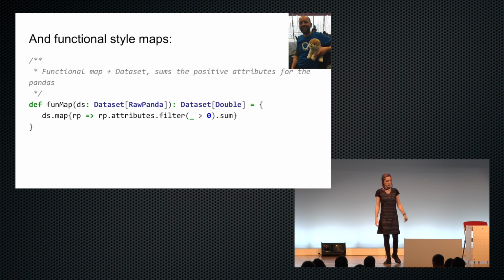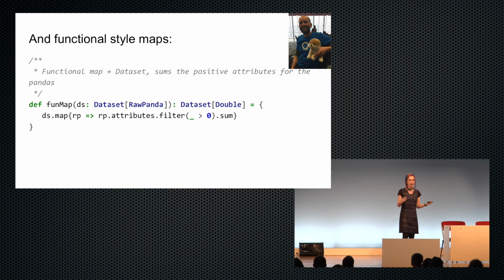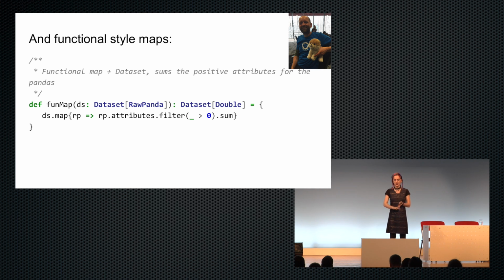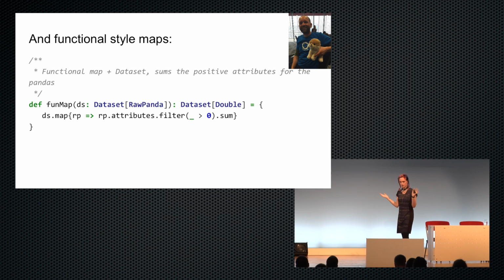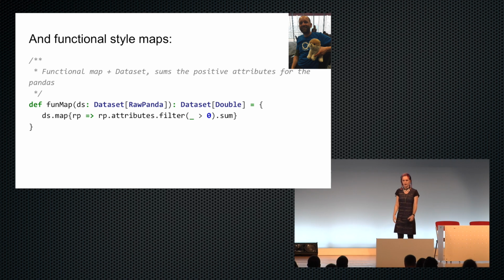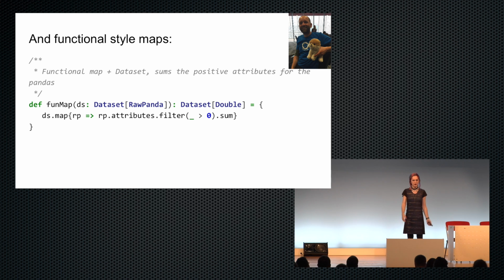We can also do functional style maps. And now we've got Boo again, who is not David Hasselhoff, but is very cute. So we can intermix functional style maps, and the dataset types work out for us, right? We're taking in a dataset of this case class called raw panda, and I'm doing some random arbitrary lambda function, and I'm getting back a dataset of doubles.